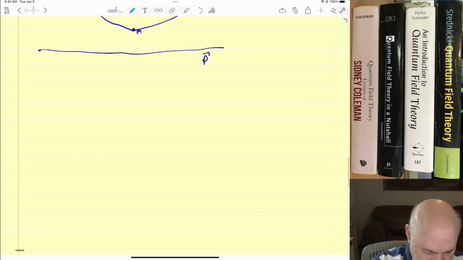So let's evaluate some matrix elements. If we have something like this formula, phi of x, this was used in chapter 2 of the book. This is the energy momentum operator.